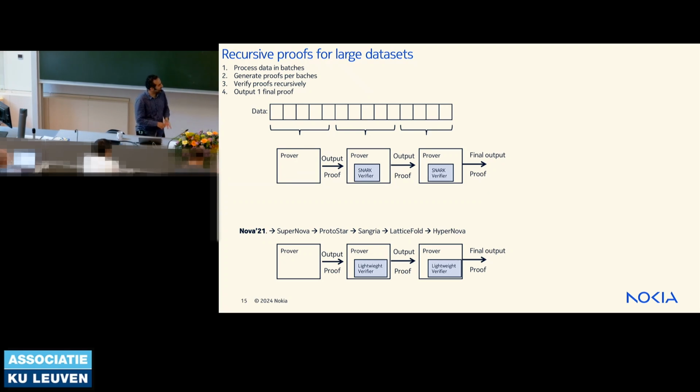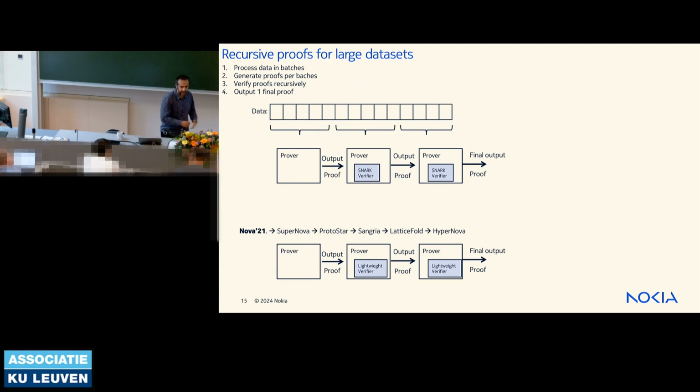But this was a line of work. After that, we had Supernova. What Supernova did was this: the Nova prover has to run the same function. If you wanted to calculate the running average, for example, it has to be the average function. With Supernova, actually, you can have different functions. It allowed people to create zero-knowledge virtual machines, which I will talk about later. And then, with Protostar, they advanced the field.